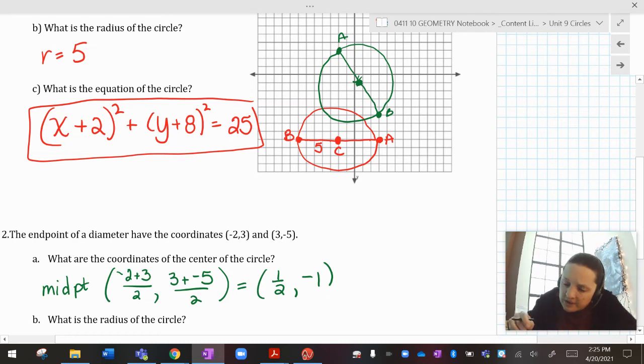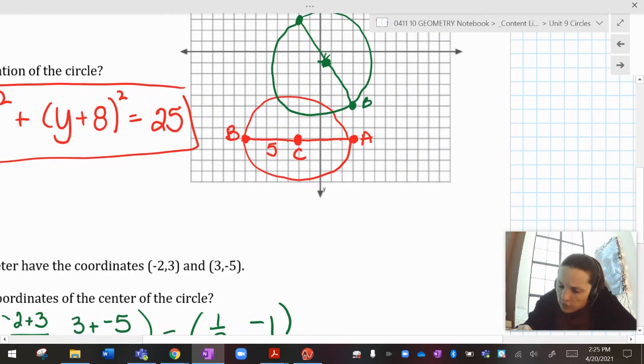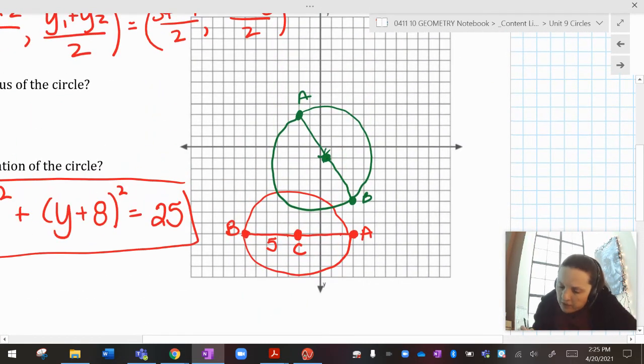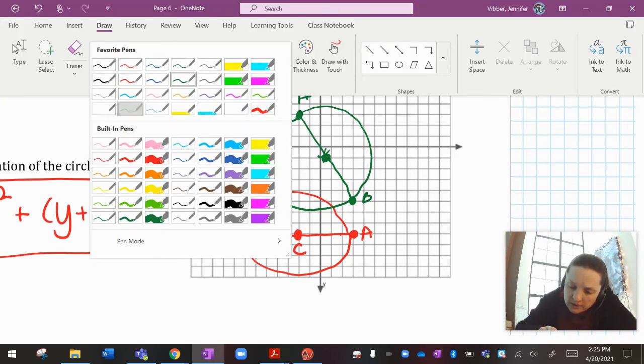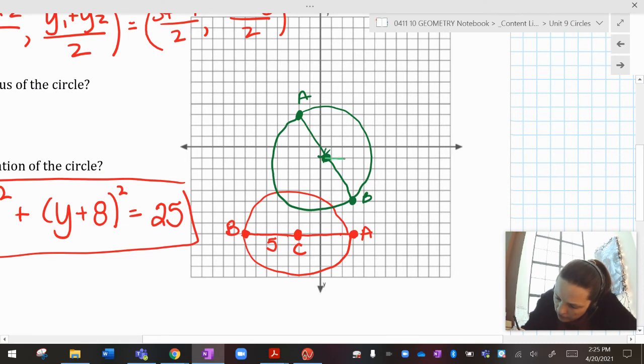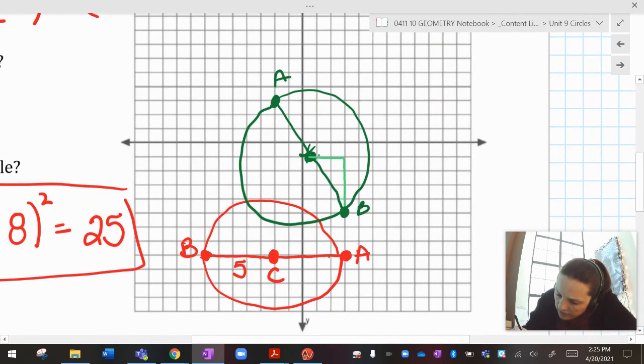All right, so let's see. I'm going to do the Pythagorean theorem. So if I go to 1/2, -1, that's right there. And if I trace in my radius, let's do it in a different color, green here. That's 2.5 over, and 1, 2, 3, 4 down. And here's my radius.